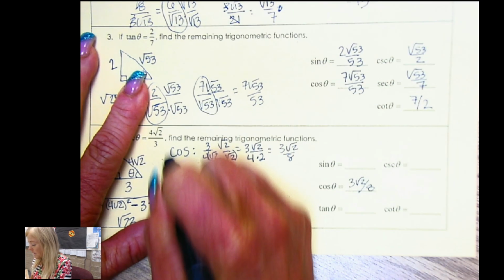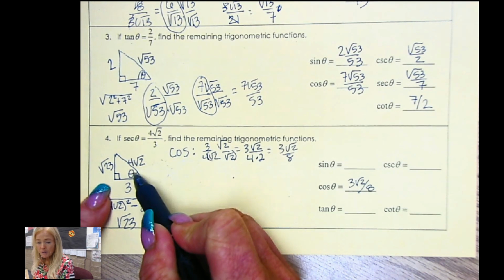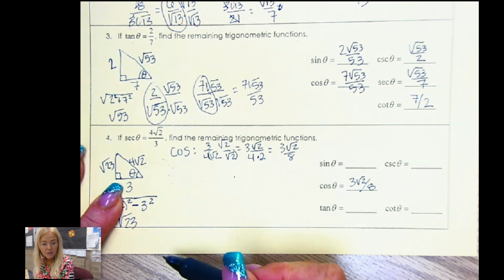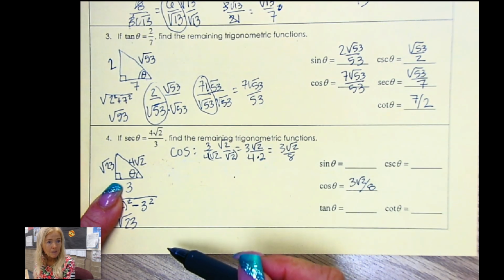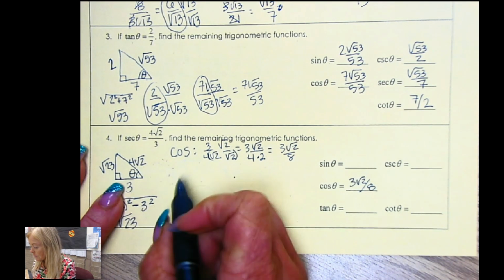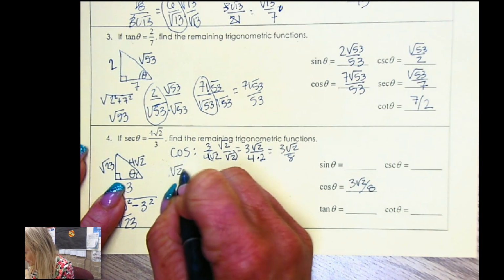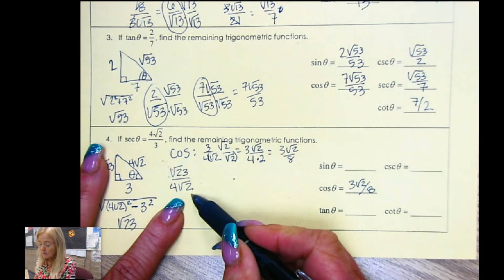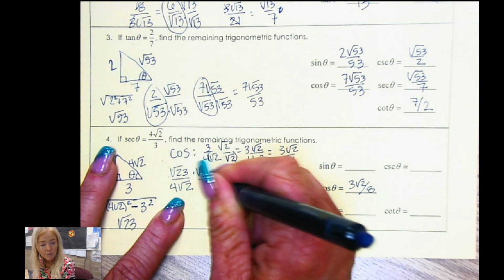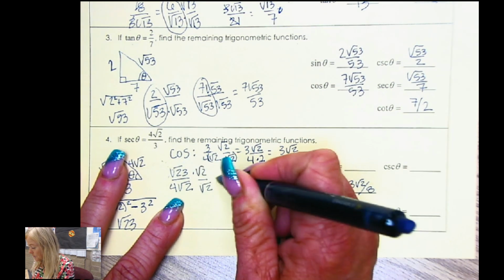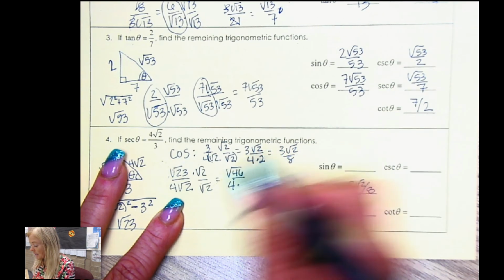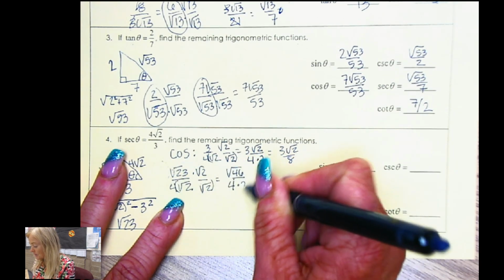Now we'll do sine theta. Here's our theta. Sine is going to be opposite over hypotenuse, radical 23 over 4 radical 2. Again, you can't leave the radical 2 in the denominator, so multiply by radical 2 over radical 2, and you get radical 46 over 4 times, again, radical 2 times radical 2 is 2.